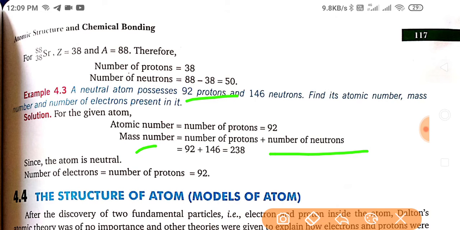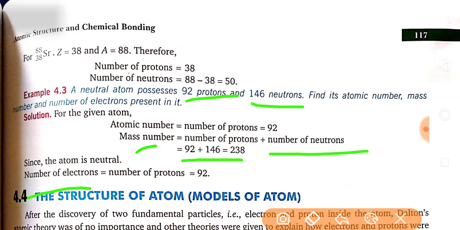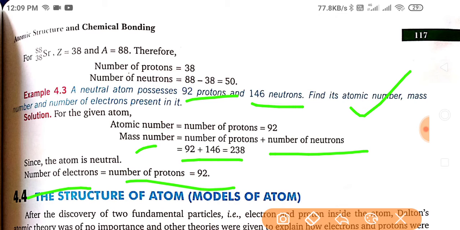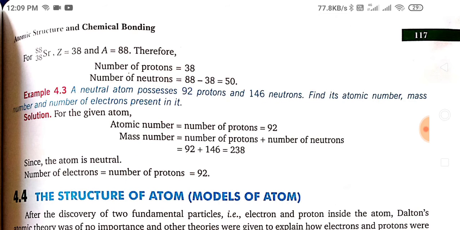So 92 plus 146 is 238. Since the atom is neutral, the number of electrons is equal to the number of protons, 92. So atomic number is 92, mass number is 238 and number of electrons is also 92.